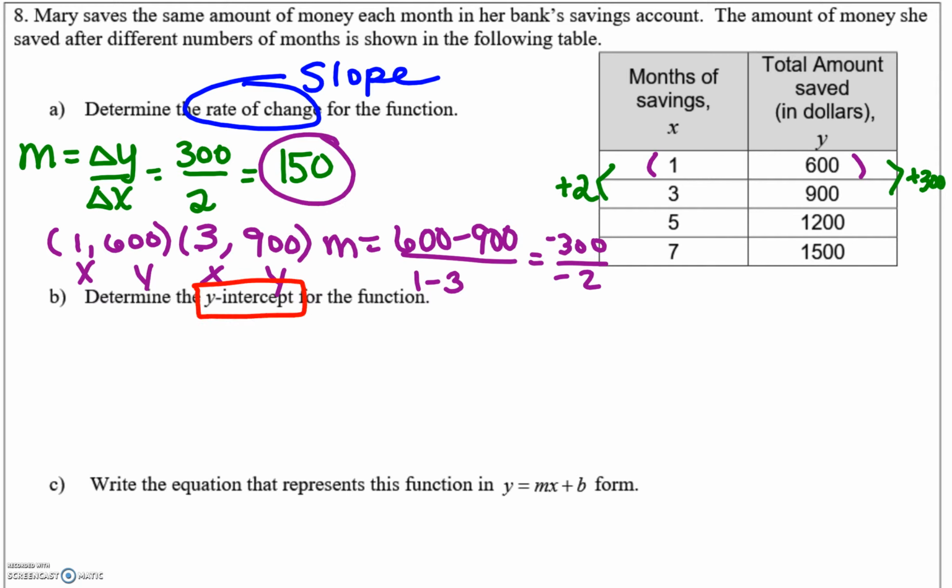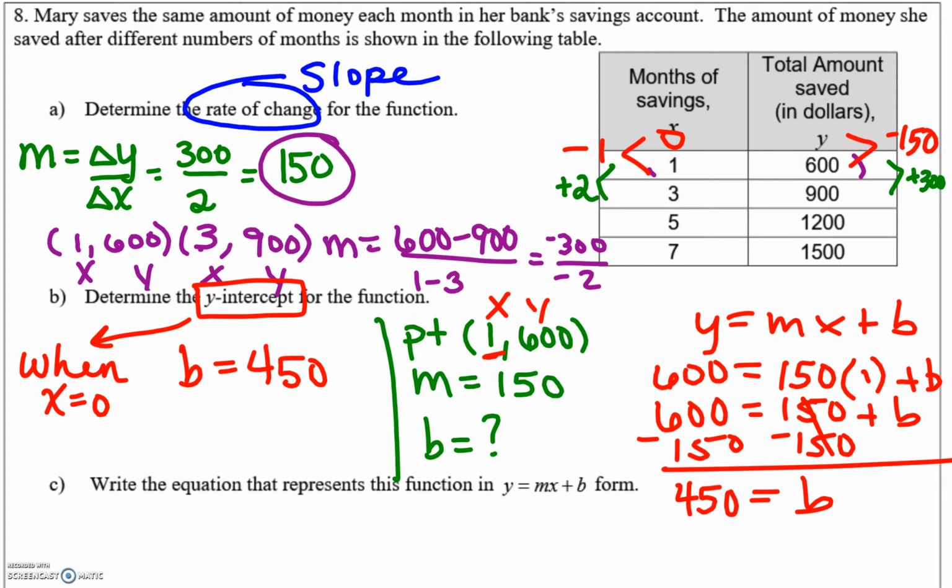My y is 600, my m is 150, my x when it's 600 is 1, and I'm looking for b. So 600 equals 150 plus b. I need to take away 150 from both sides. My b is equal to 450.